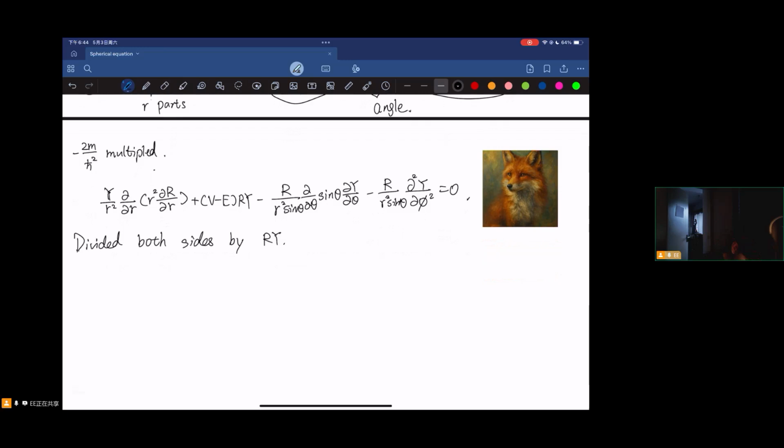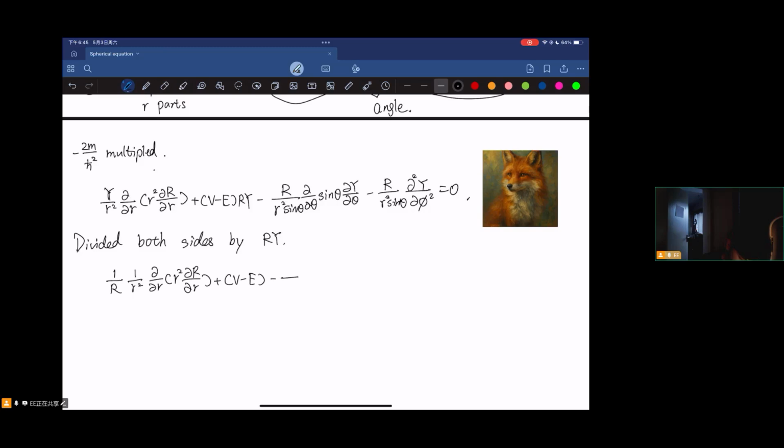And then I'll have 1 over r, because you see the y just cancels. Y divided by ry, y is canceled, so 1 over r. And the r square will still be there. Yes. And then here is v minus e's because the ry just canceled.